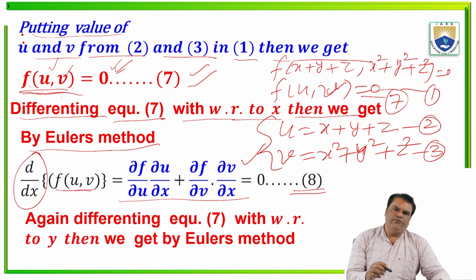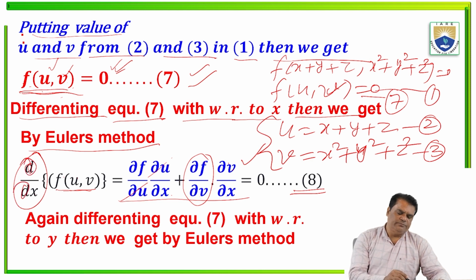Plus, again in the function there is another variable v, so partial differentiation of f with respect to v, dou f over dou v, and v is a function of x and y, so differentiation of v with respect to x, dou v over dou x. Basically in each term the dou u cancels, and we get the same dou f over dou x and dou f over dou y. So here we apply the partial derivative.